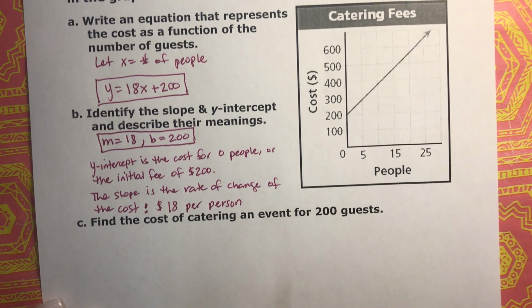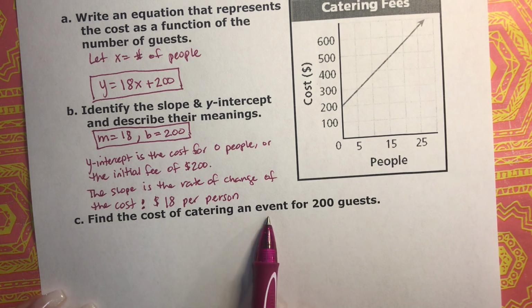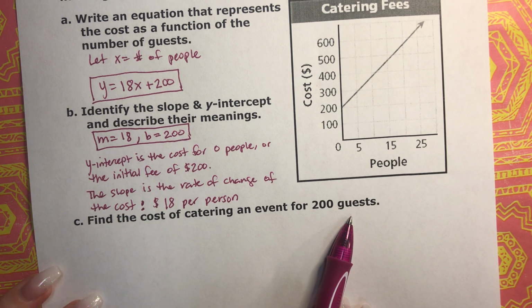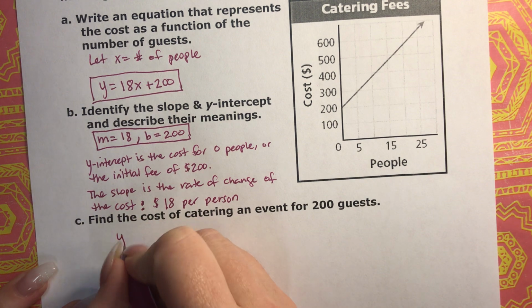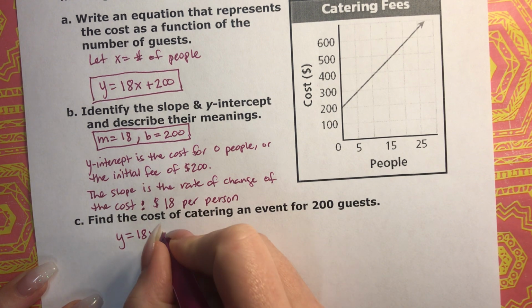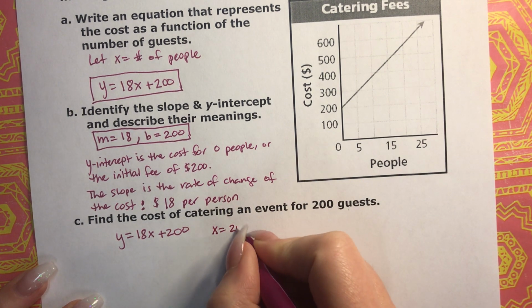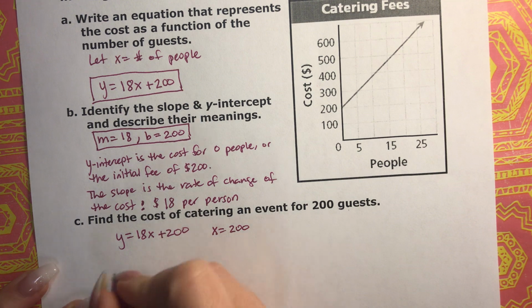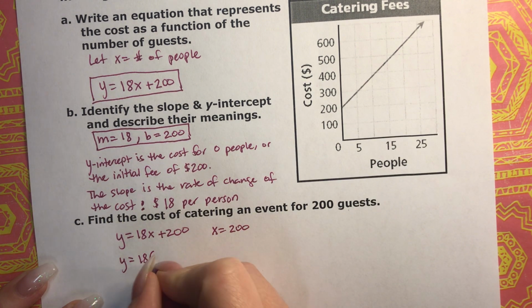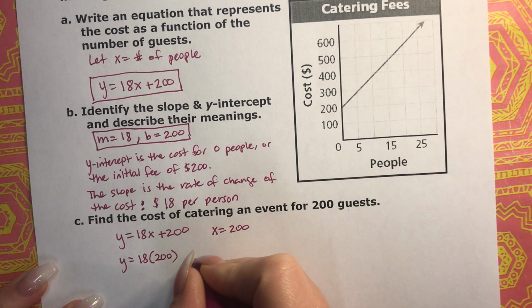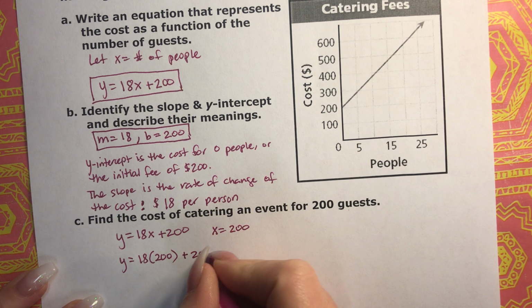Okay, so now we are going to find the cost of catering an event for 200 guests. So we're going to write down our equation. y equals 18x plus 200, and now we're going to find for 200 people, so that means x equals 200, and we're going to substitute that in. So y equals 18 times 200 plus 200.